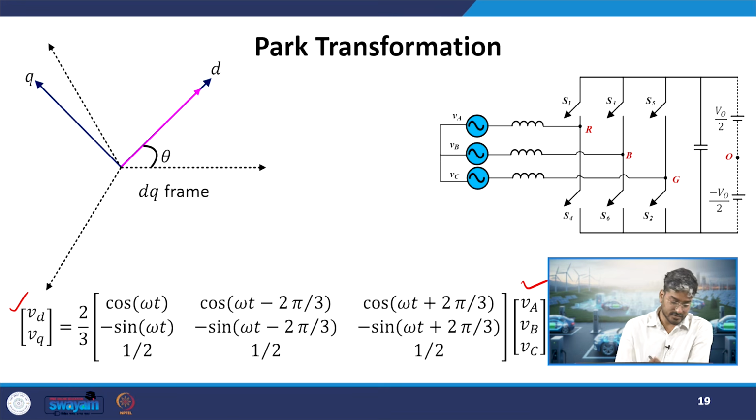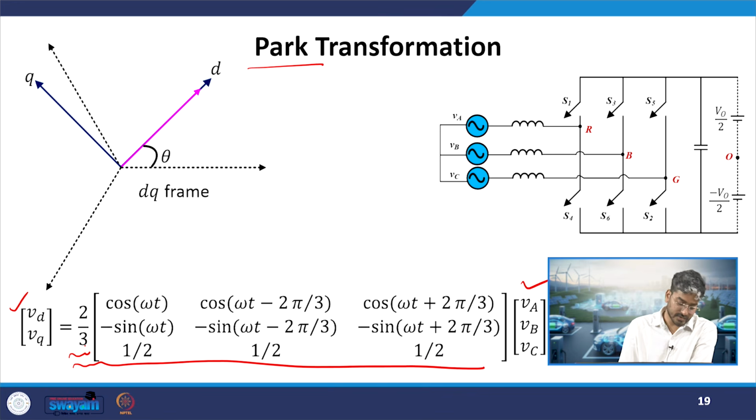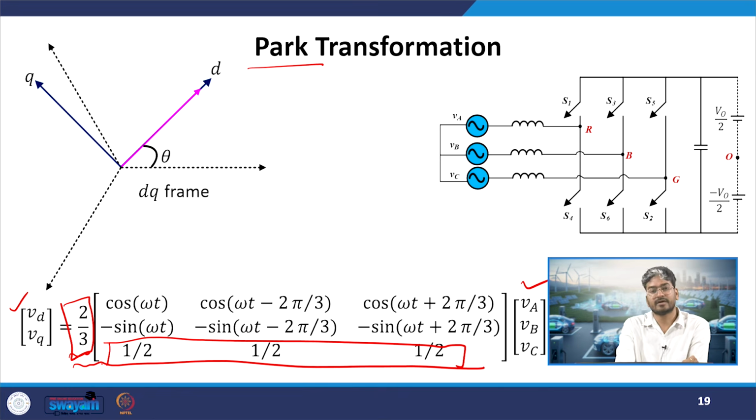This transformation is called the Clarke transformation, and this is not the unique way of denoting the matrix. The values here can be changed; the multiplying factor and the zero vector value can have various values depending on the type of Clarke transform we are using.